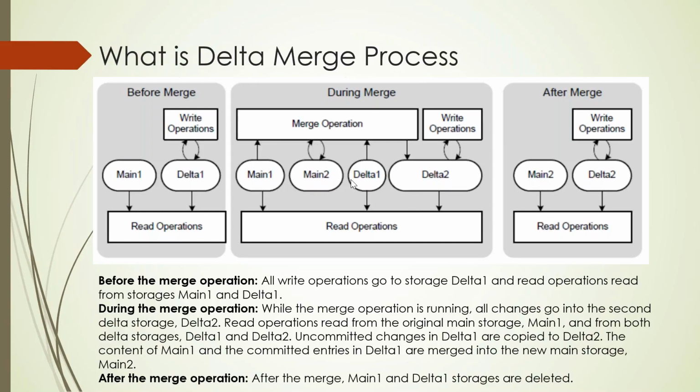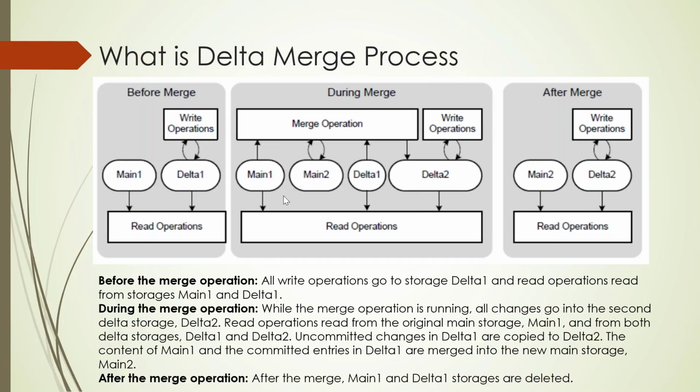So main two contains the committed data of delta one and the data from your previous main. After the merge, it will delete your old main one and the delta.